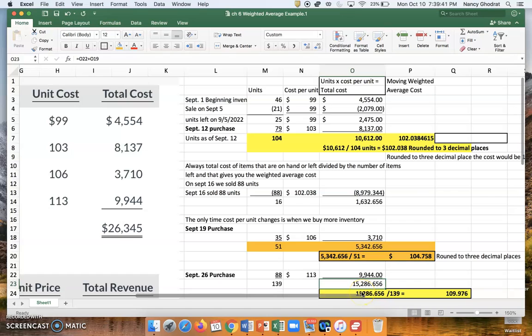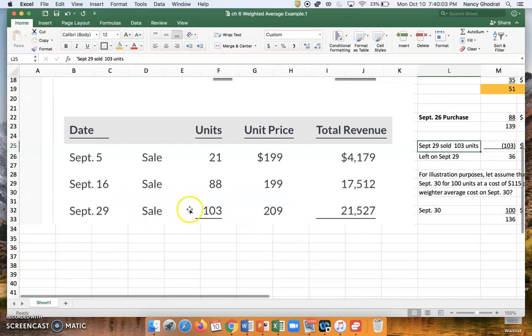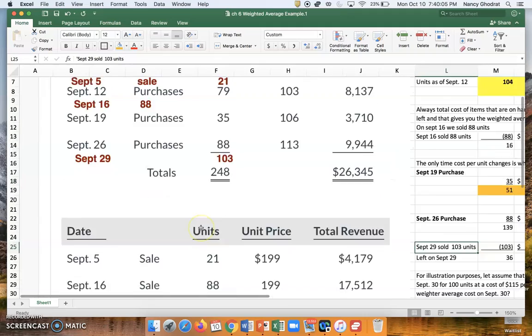Once you get the new total cost and divide by the number of units available, 139, you get a new weighted average cost of $109 and almost 98 cents, 109.976.